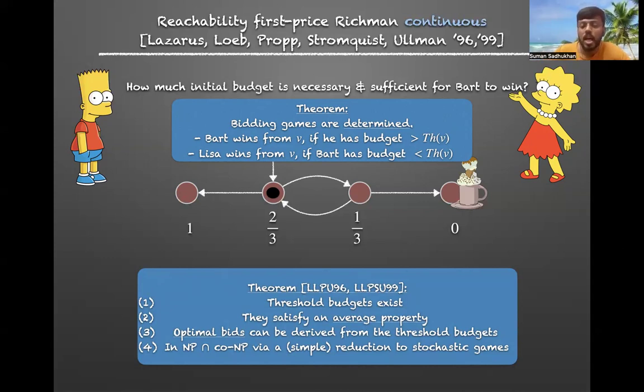Then one of the vertices has a threshold of 1, right? So that means that from that vertex you can't win. Yeah, you can't win, and you can't give more than 1 there. That's symbolic, but yes, you are right. So a threshold of 1 means that he can't have a budget from which he can win.